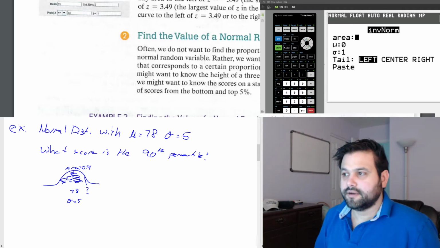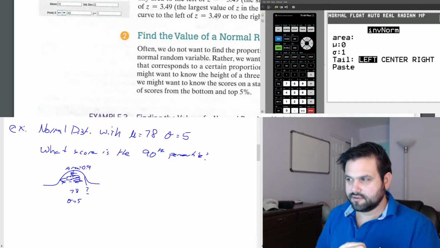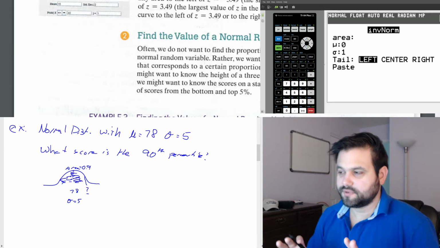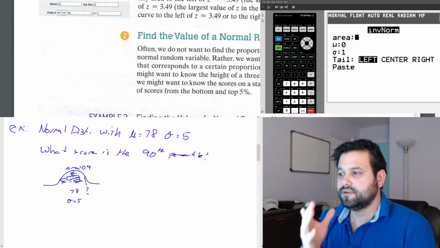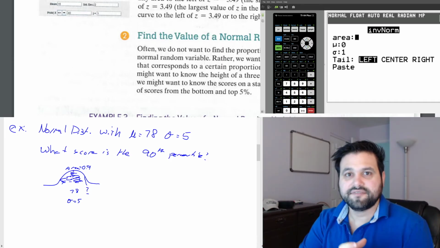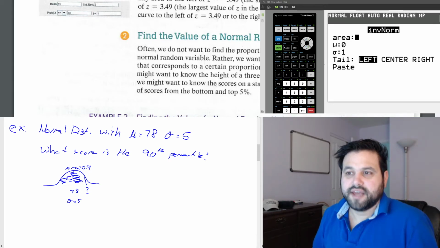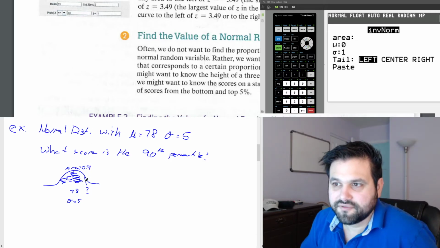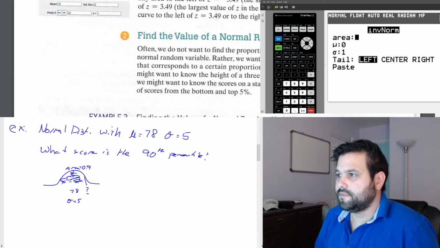So the area, and when you go into inverse norm, you might not see this tail part. So I'm not going to mess with that one at all because you guys might not have that. Know that on calculators it will always default to the left side, so the area to the left. So the area to the left of what I'm looking for is 0.9.